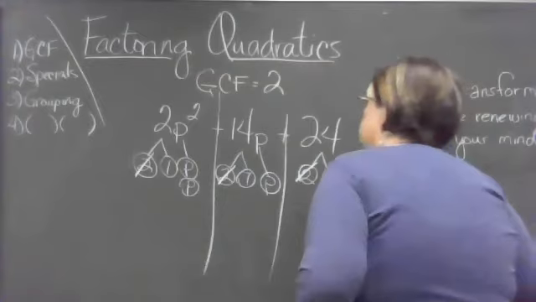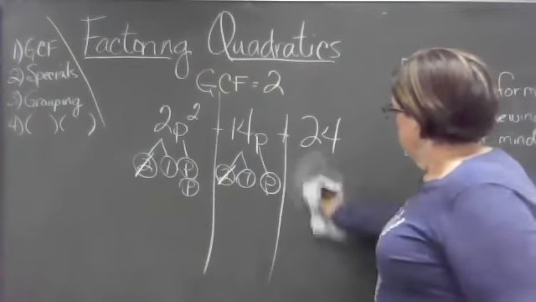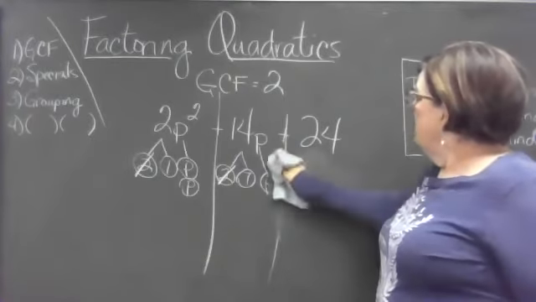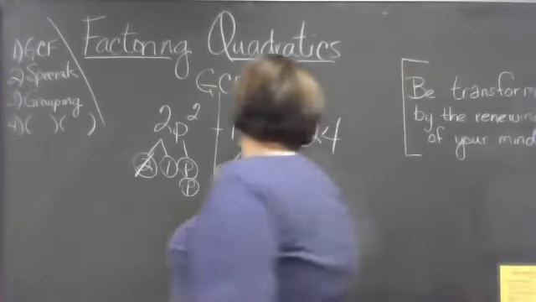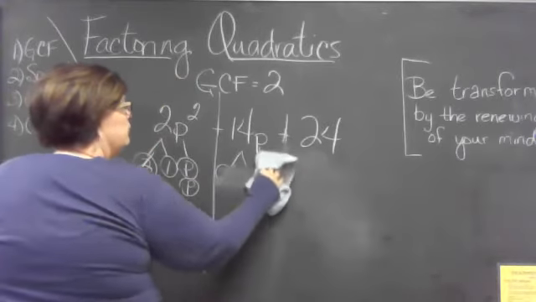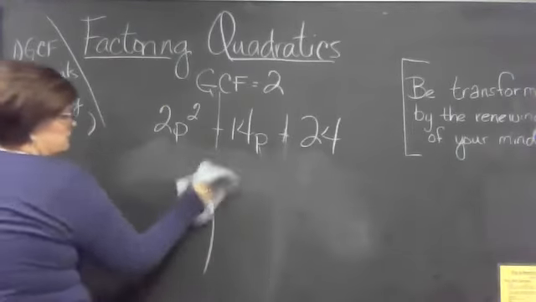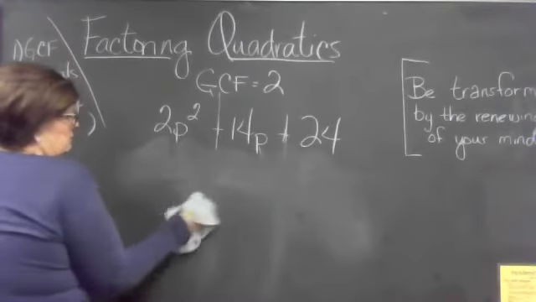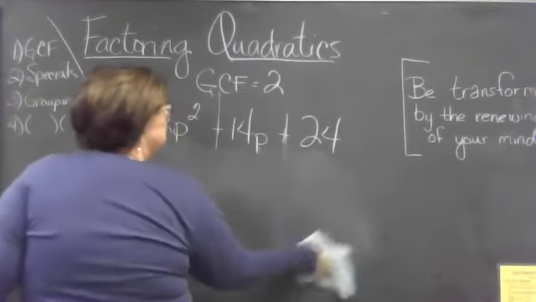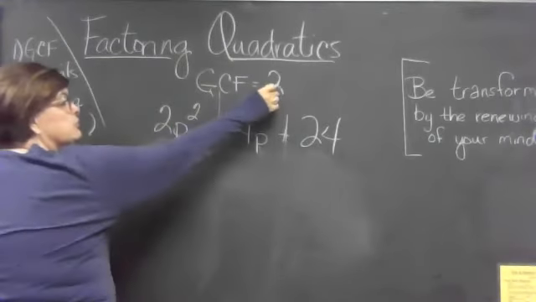Now, when you find the greatest common factor, then what we're going to do is show how we divide it out of each piece. This is going to be very important in your factoring process. So we said our greatest common factor is 2.